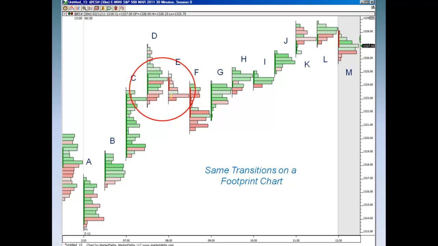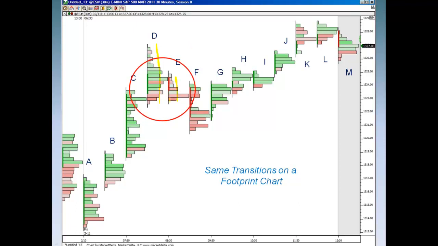You can see how volume is being facilitated towards the lower end of the range of period D, indicating a transition. No longer is our range expanding to the top side, and it looks like we're consolidating here.